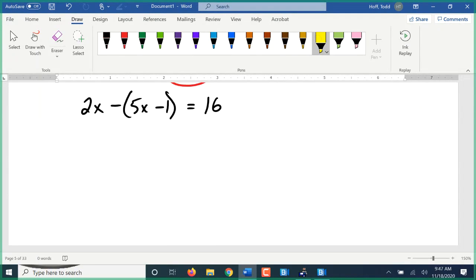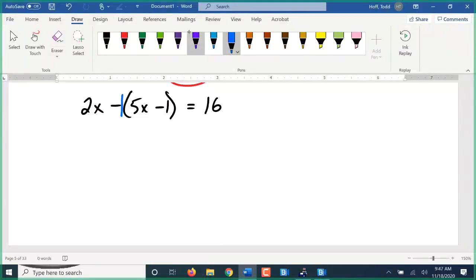That is the minus in front of a parentheses. Whenever there's a subtraction in front of a parenthesis, we have to be very, very careful how we handle it. In fact, the easiest way to handle it is to think of it as negative 1 times that parentheses.